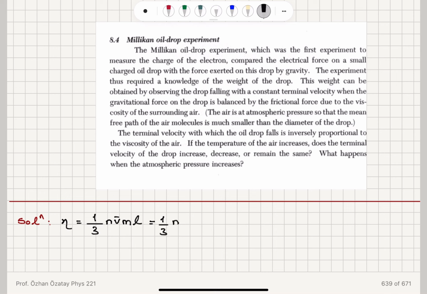For V bar, we're going to substitute our approximation using V_RMS. And remember that the kinetic energy of the molecules, 1 over 2 m v square, is equal to 3 over 2 kT using the equipartition theorem.